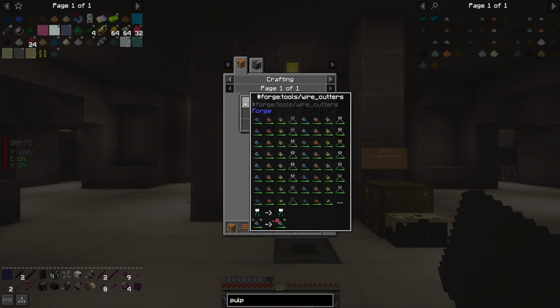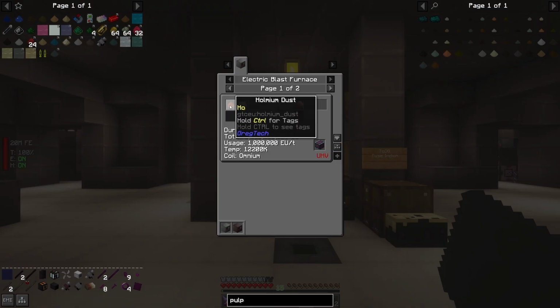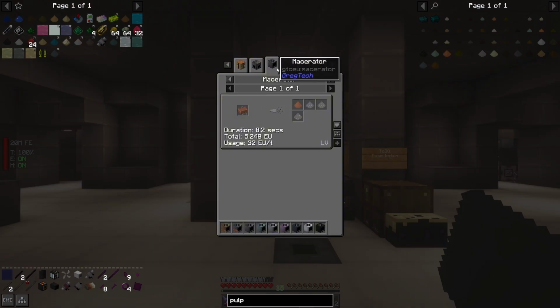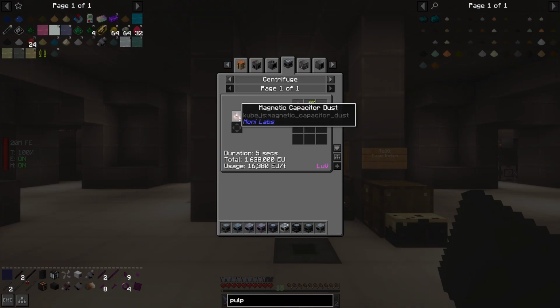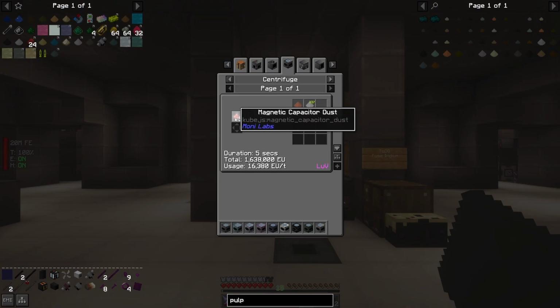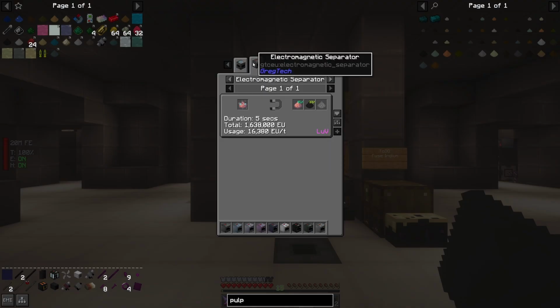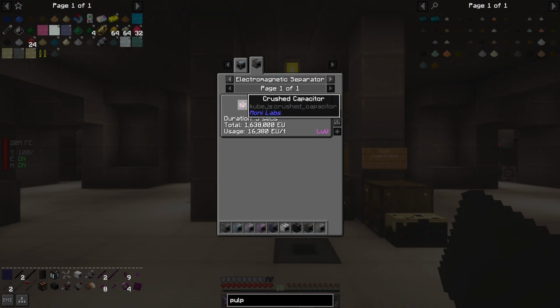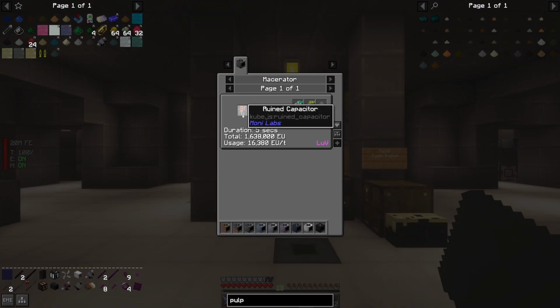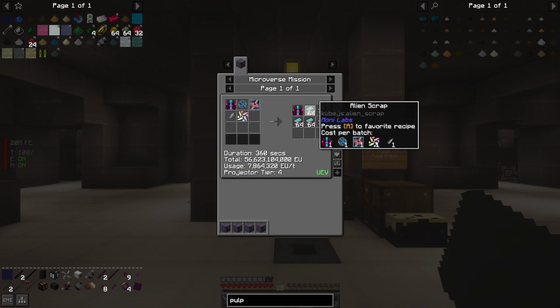But we're also going to have to look at holmium, whatever that is. Looks like dust, centrifuge, magnetic capacitor dust, question mark. Looks like ruined capacitor, ruined machine parts, alien scrap. Oh my lord, this looks like a whole thing. So yeah, alien scrap.